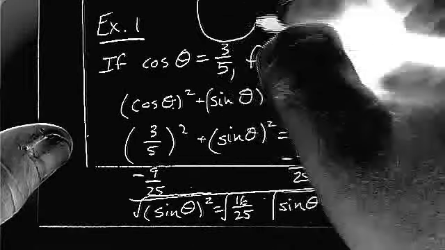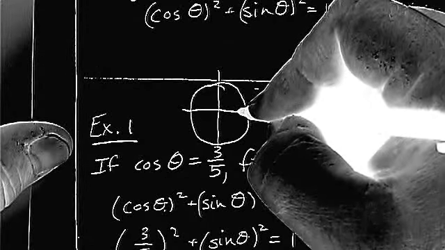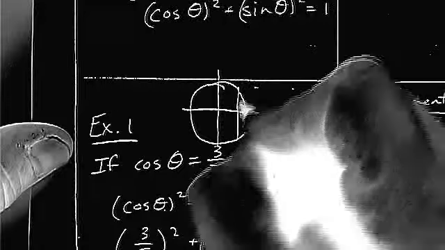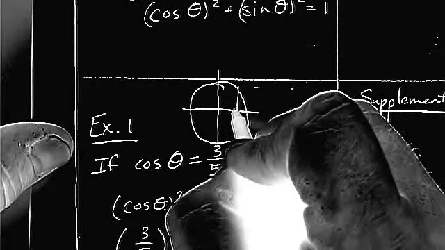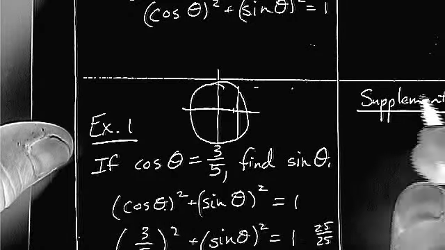See, the only thing they told me in the beginning of the problem was that the x value was 3/5. That's about 0.6. Here's about 0.5, so 0.6 is a little bit farther than that.